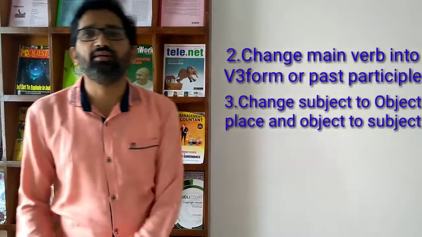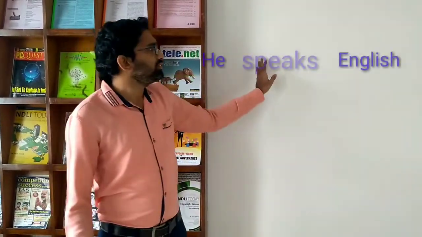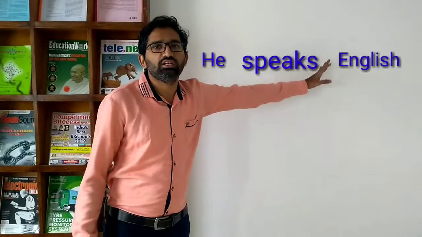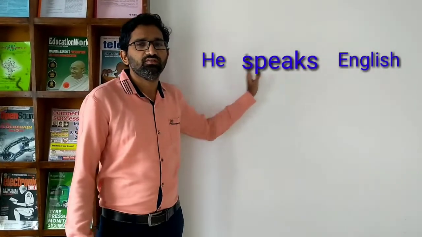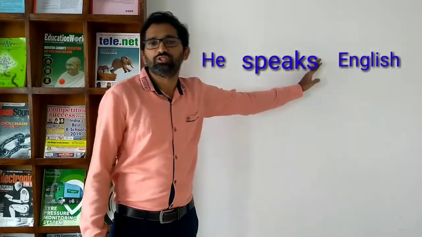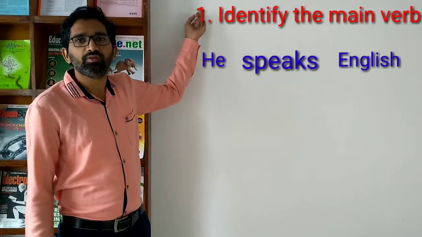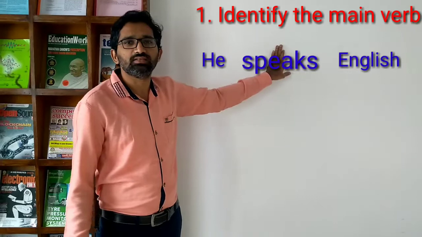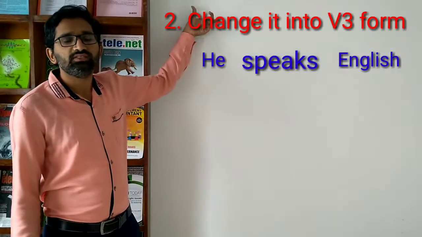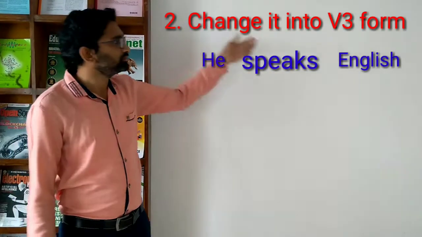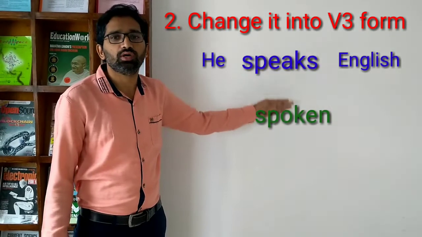Let us go with an example. He speaks English. Rule number 1, identify the main verb. Here the main verb is speaks. Rule number 2, change into V3 form. Speak, spoke, spoken.